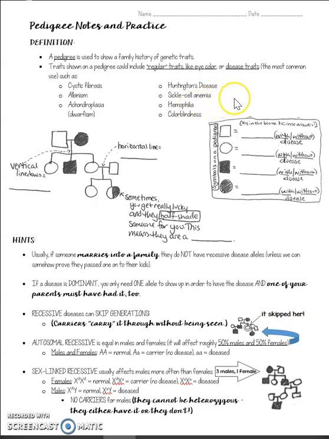Hemophilia is a disease where the platelets in your blood don't properly work. So if you get a little cut or a bruise or you're bleeding in any way, shape, or form, your body does not have the mechanism to stop the bleeding. It cannot clot. And color blindness is where you have two different kinds of color receptors in the back of your eye. One is responsible for distinguishing between red and green.